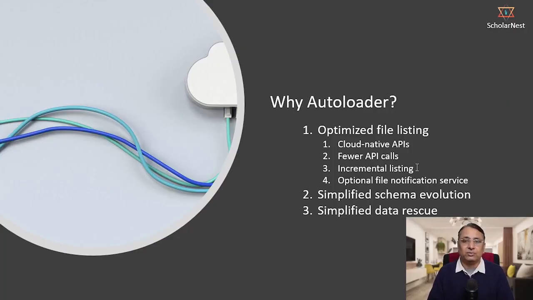As soon as a new file is created in the cloud directory location, Autoloader can accept the notification and directly process only those files, without going for a detailed file listing to identify what files are available in the cloud directory. So these are the features which make Autoloader more efficient for reading data from the cloud directory.